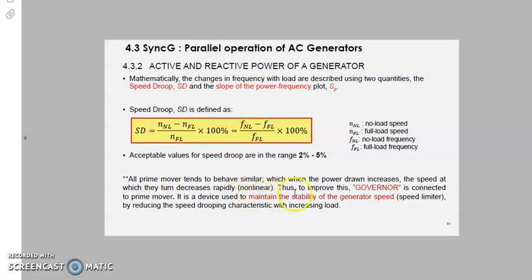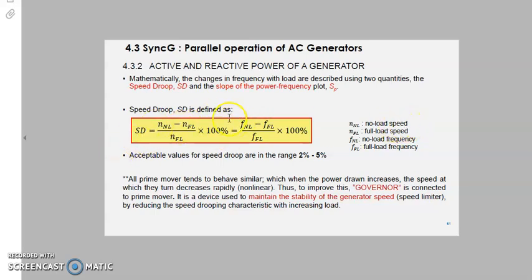To improve this, we have to use a governor connected to the prime mover. This will control your speed drop. It is used to maintain the stability of the generator speed by reducing the speed drop characteristic when the load is increased. So we use a governor.